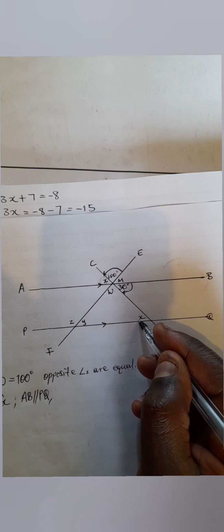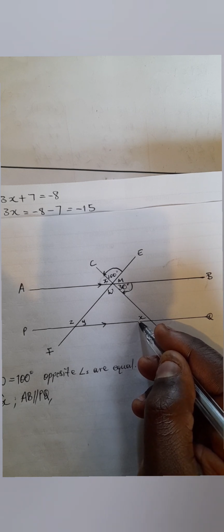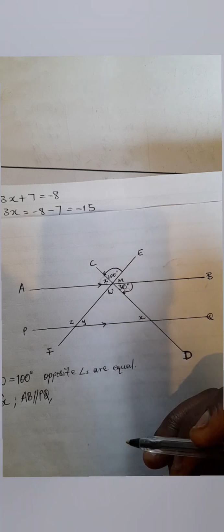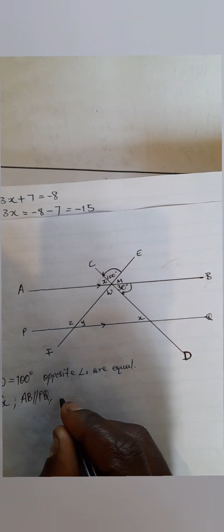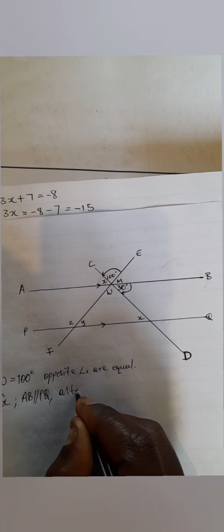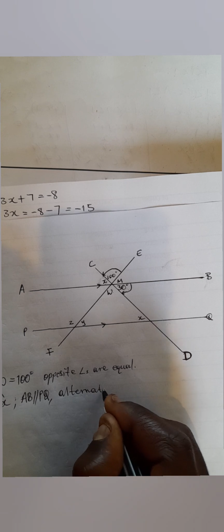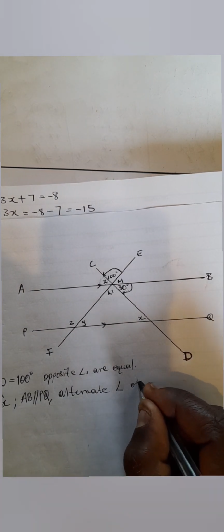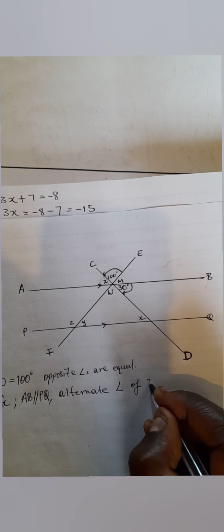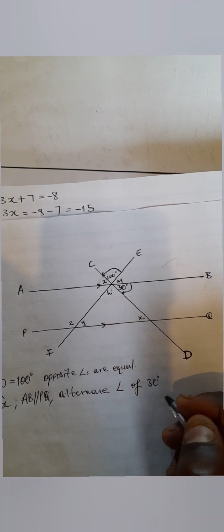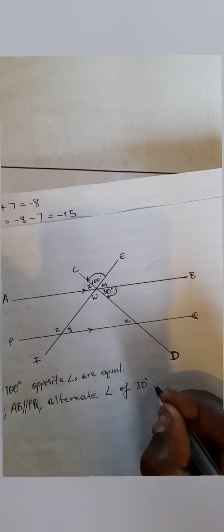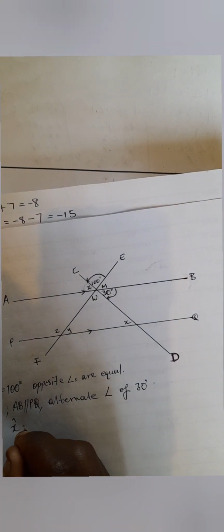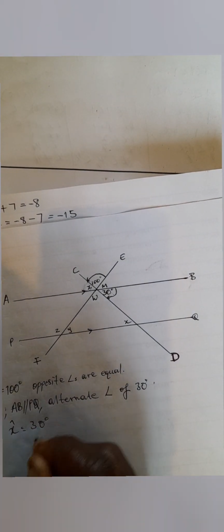So this can also be said to be an alternate angle of 30 degrees. Meaning, therefore, x is 30 degrees.